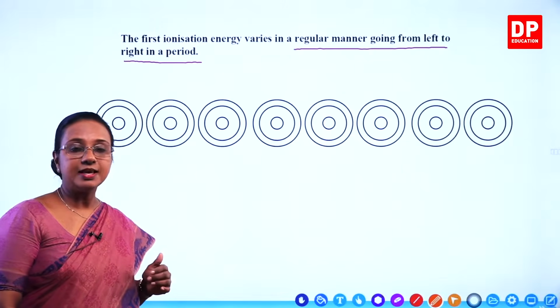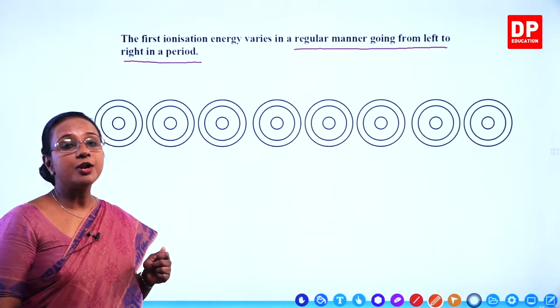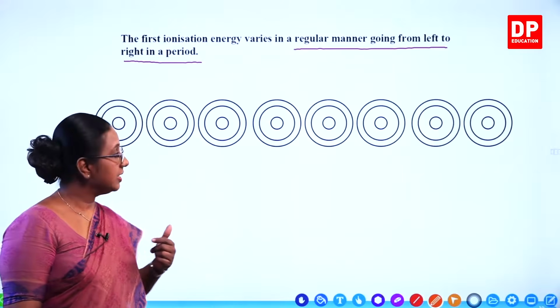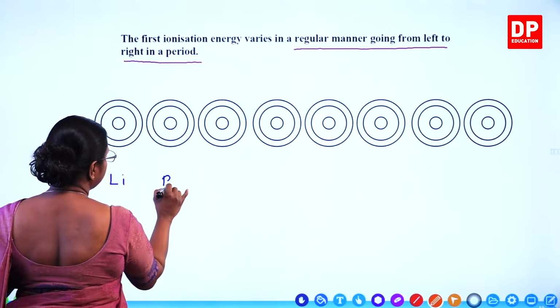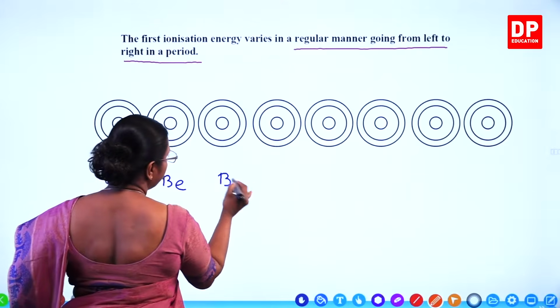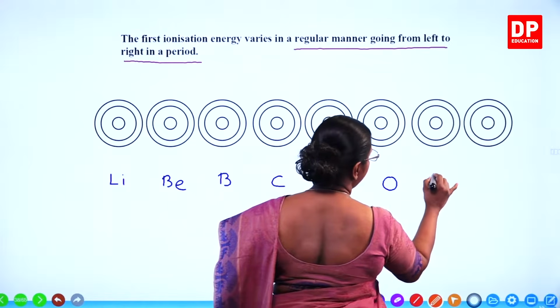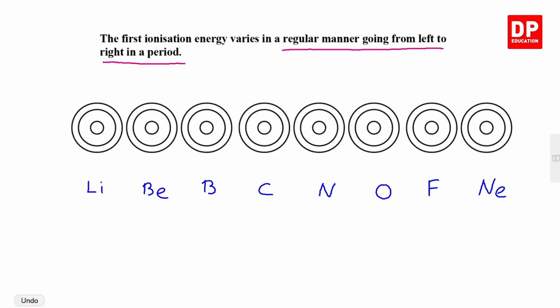I will take the second period as an example. You can remember the order of elements. First period, hydrogen, helium. Then we have lithium, beryllium, boron, carbon, nitrogen, oxygen, fluorine and neon.